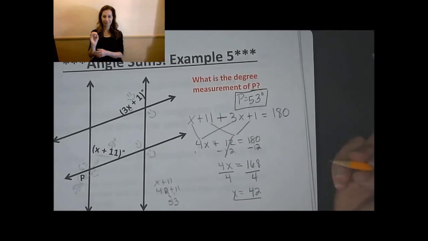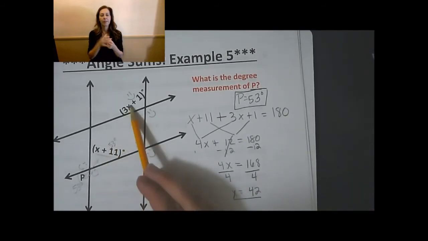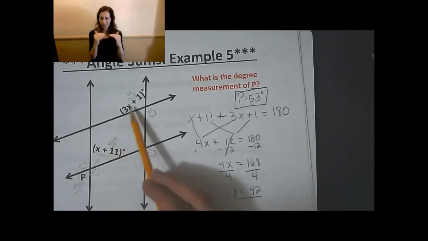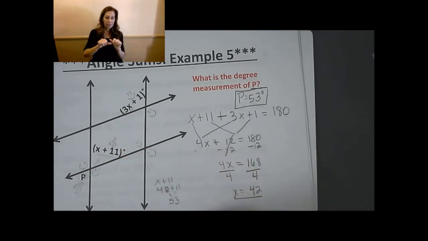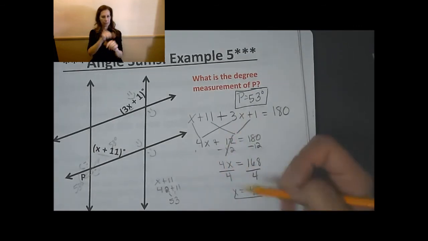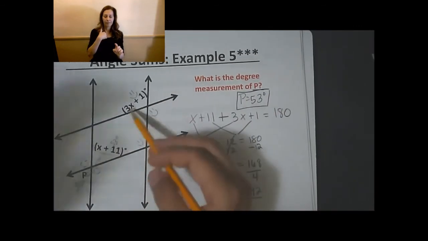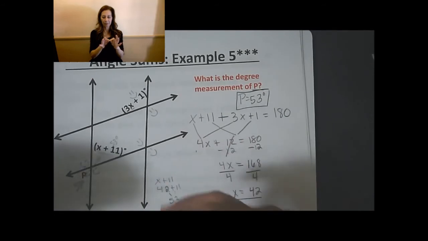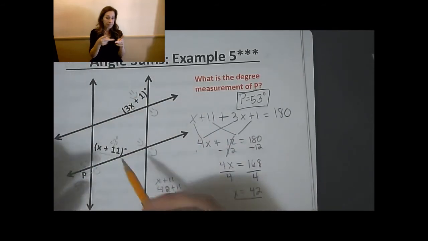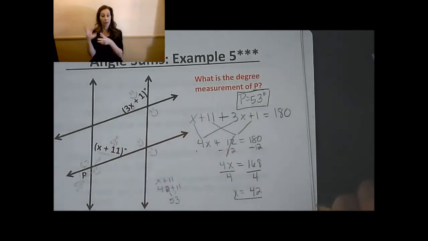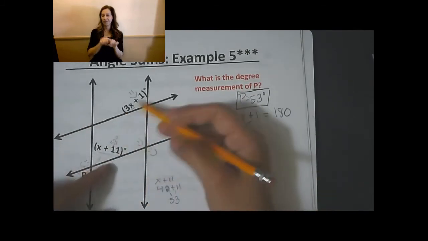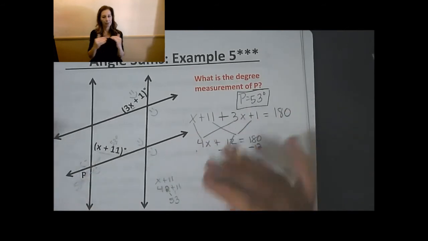And remember, these do not equal each other. If they equaled each other, I would set them equal to each other, and if I plugged the value into either one of them, if they were in the same position, not like this one, they would equal the same answer. They would both equal 53, but they're different angles.